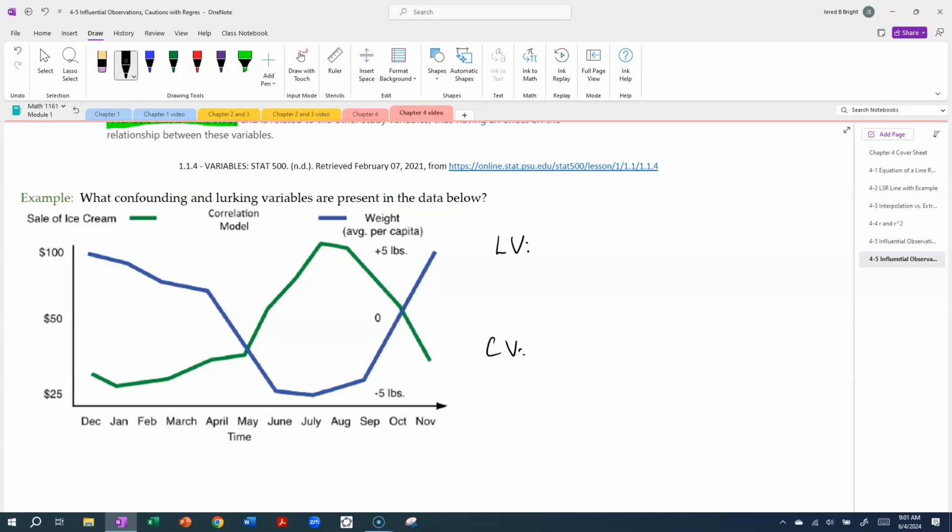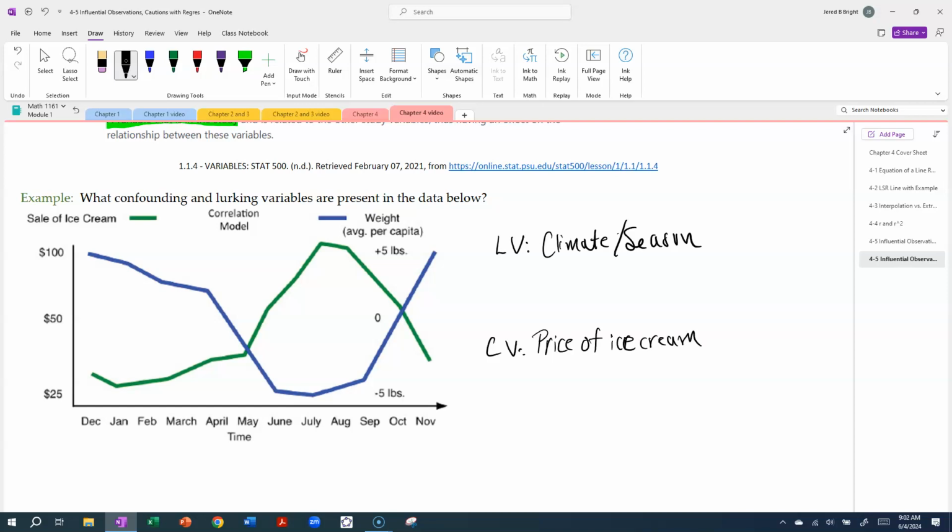So a lurking variable could be climate or seasons, something that could also explain why more ice cream is consumed in the summer and why people are not as heavy in the summer. Now, a confounding variable could be a little tricky. It has to be a variable that's being studied that could influence the results. So my response here would be something like the price of ice cream.